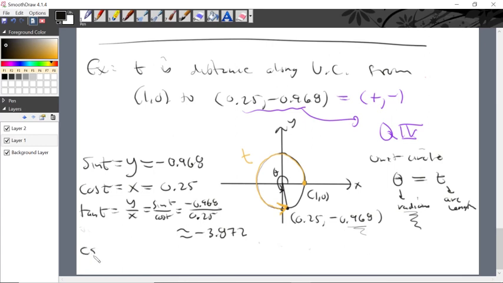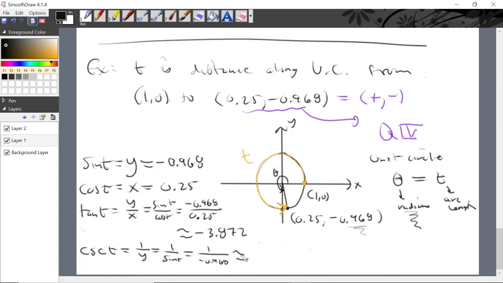All right. Using the reciprocal identities, we can solve for the remaining 3 trigonometric functions as well. The cosecant of t is 1 over the sine of t, or 1 over y. So 1 over -0.968.